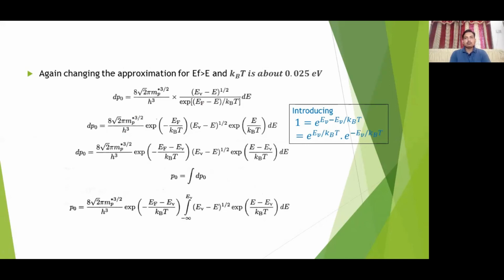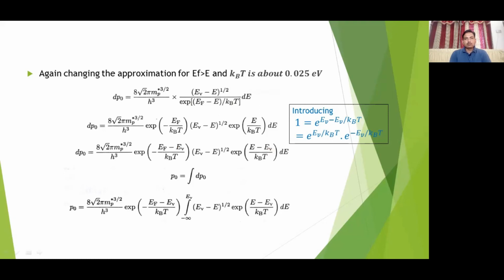This is all we have already discussed in the case of electrons, so all the steps are the same. Again, you introduce these terms: minus EV over KBT is combined over there. The powers are added, and this is all presented over there. This is plus EV, and this is minus EV.